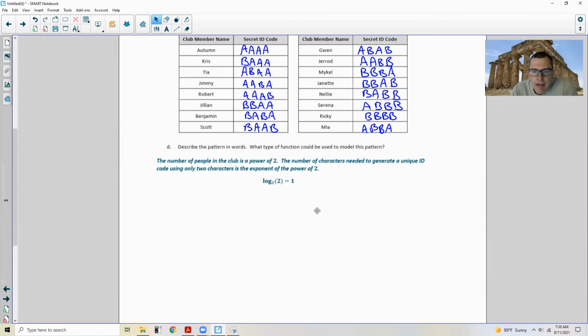So if you have log base 2 of 2, that equals 1.